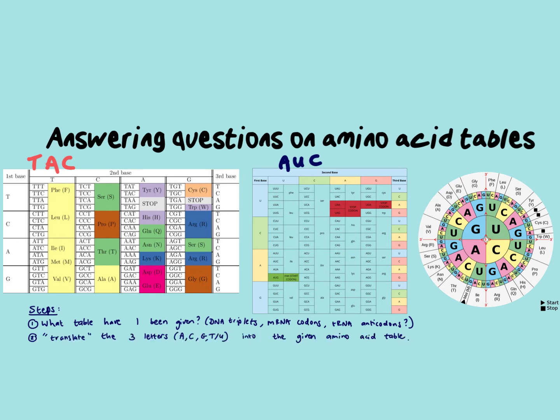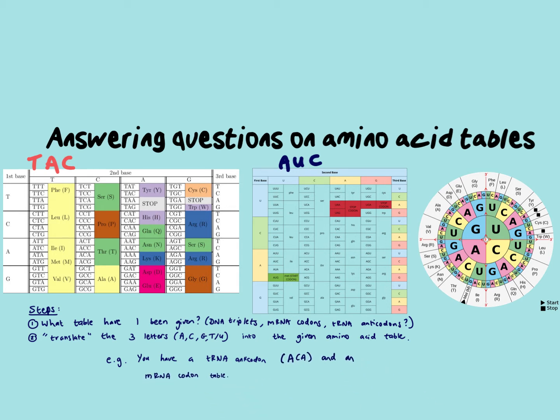So the next step would be to translate the three letters that you're given. So it might be ATA, it might be ACU, it might be AGA, whatever it is, but it's either a base triplet, a codon, or an anticodon, into the given amino acid table. So what I mean by that is, if you have a tRNA anticodon, and that tRNA anticodon is, let's just say, ACA.